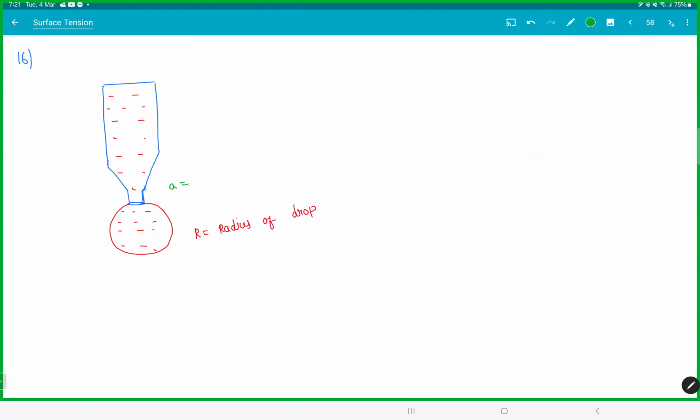Here a is the radius of the hole, s is the surface tension, rho is the density, and gravity is there. As you keep squeezing, at some point it becomes too heavy and it falls. So find R when the drop leaves the dropper. This is an eyedropper.